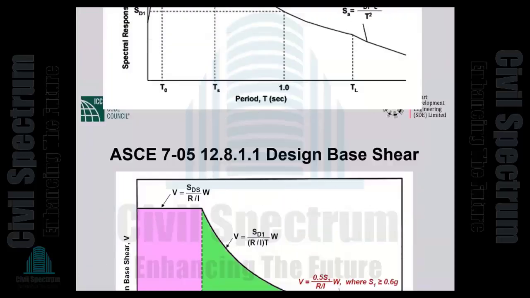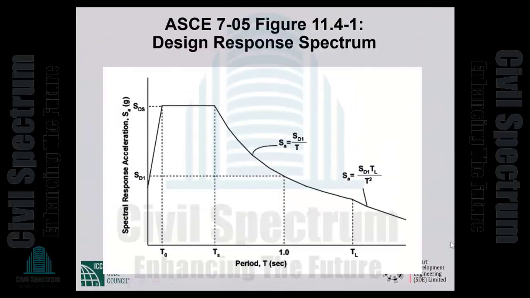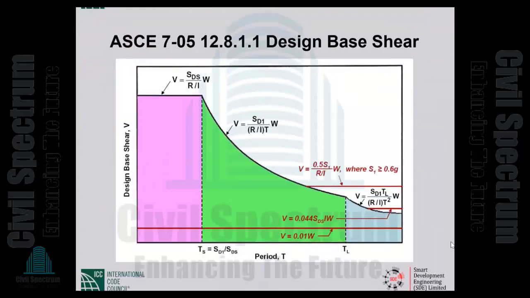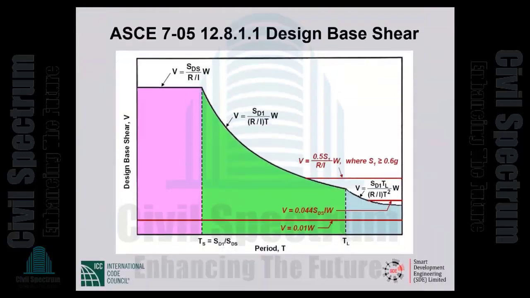Now, this elastic spectrum, when it comes to the equivalent static approach, we modify that spectrum in 4 different ways. First of all, the ramp is eliminated. In the equivalent static approach, there is no ramp. The flat top extends back to 0 period. Okay, this is modification number 1 of the elastic design spectrum for the equivalent static approach.